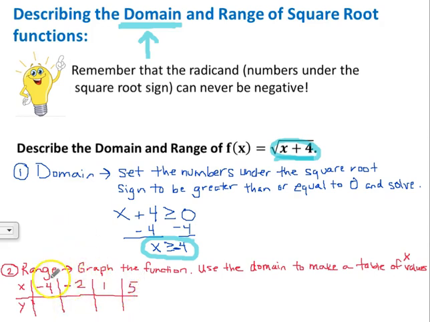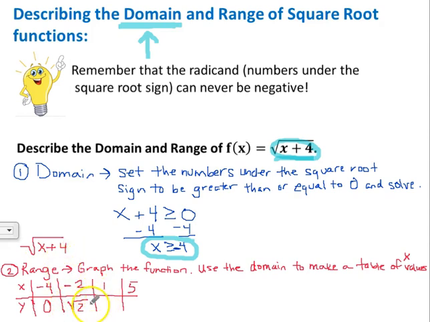When x is negative 4, I plug it into our function, the square root of x plus 4. Negative 4 plus 4 is 0, and the square root of 0 is 0. When I plug in negative 2, negative 2 plus 4 is 2, so it's the square root of 2.